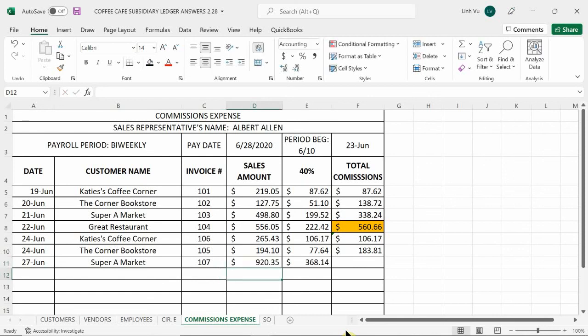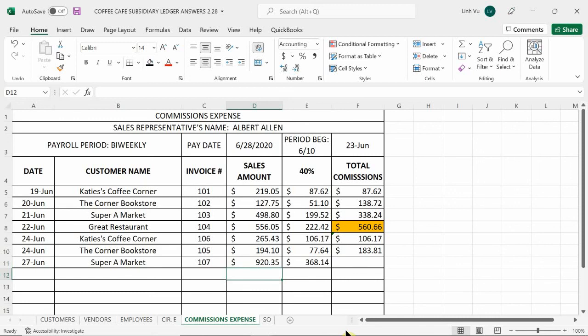Because in this case, we're not looking at the down payment as being discounted, because that's not the amount that we sold. They just made an advance payment and paid half of it ahead of time. So at the end of the day, we're looking at the overall sales that we completed, which was a total of $920.35, right? That's the total sales.